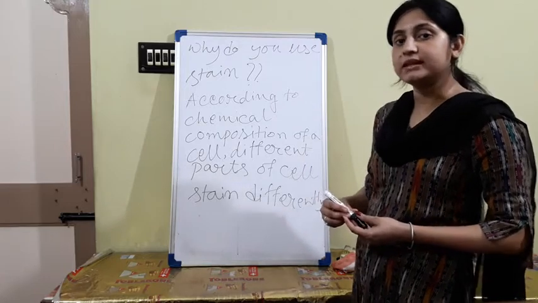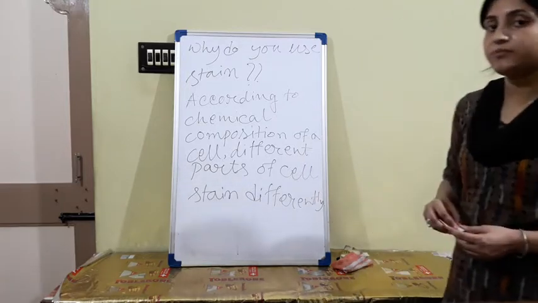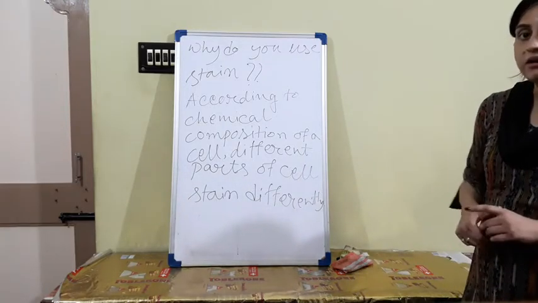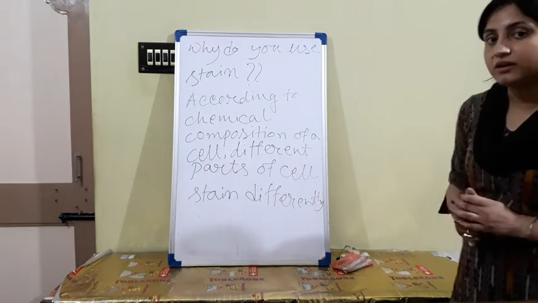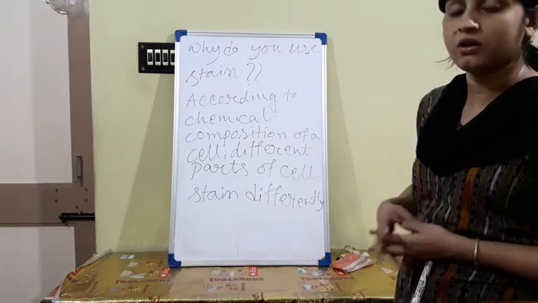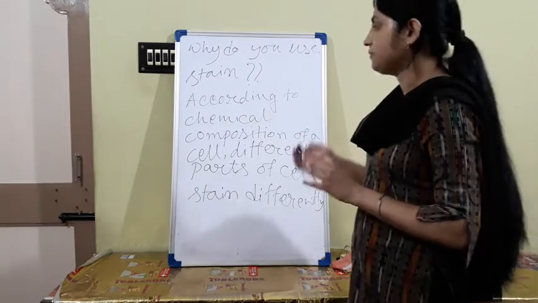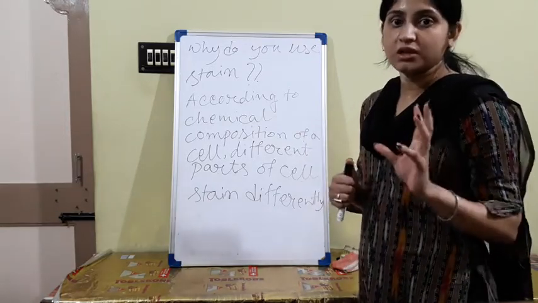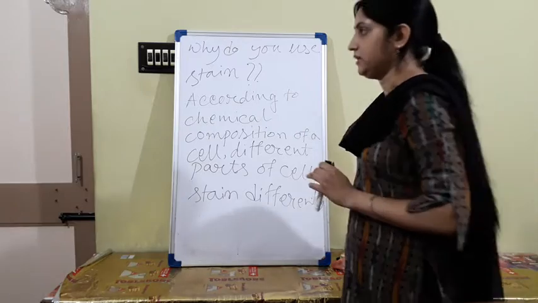So you can see the different parts of a cell very prominently. That is the reason you can use stain to see a cell or any microscopic organisms under the microscope very prominently.